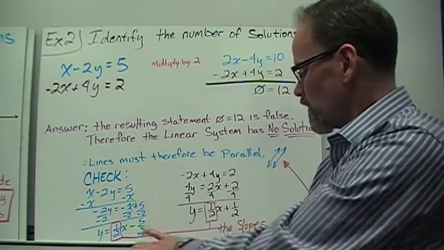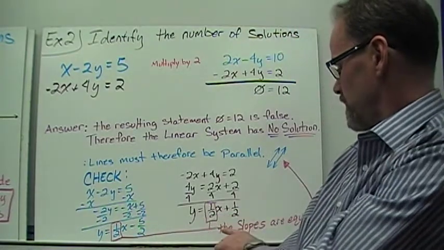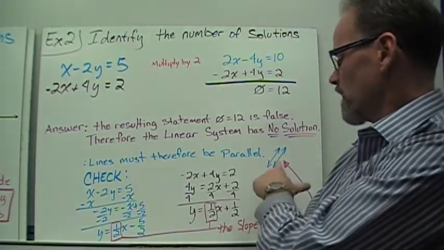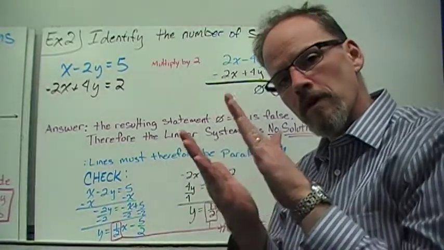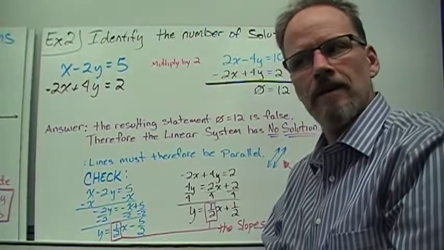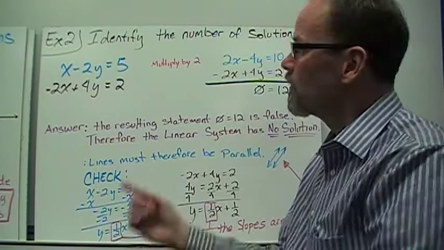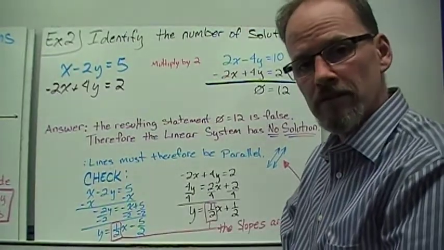I'm very interested in the slopes, and I see that they are the same, in fact. When I have the same slope, I have parallel lines. They never cross, and we have a no solution situation for this particular linear system.